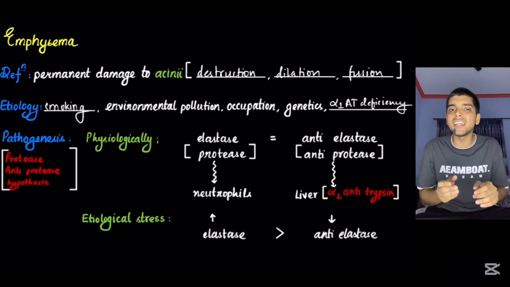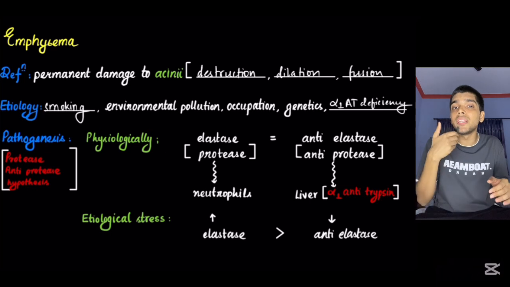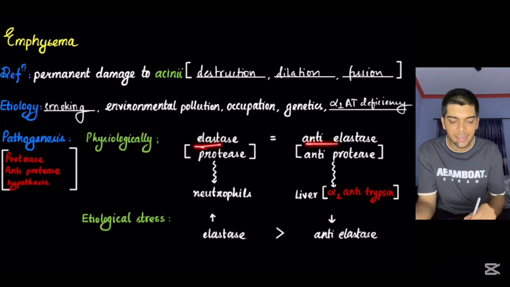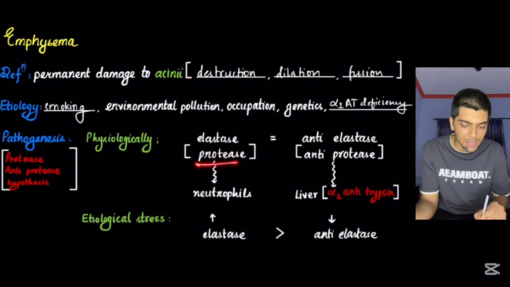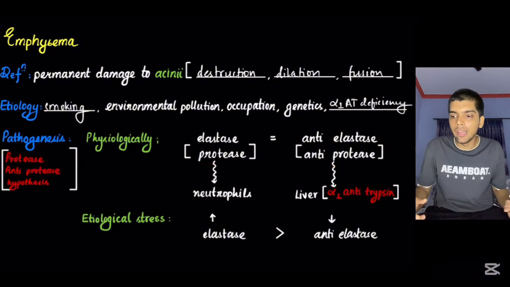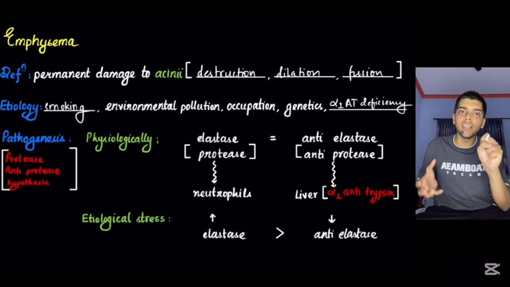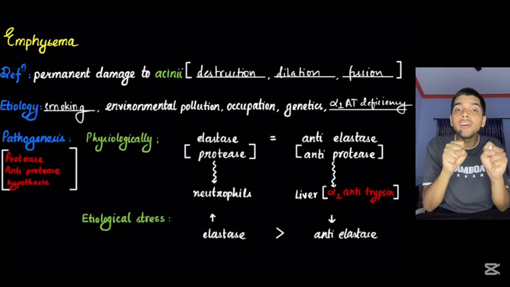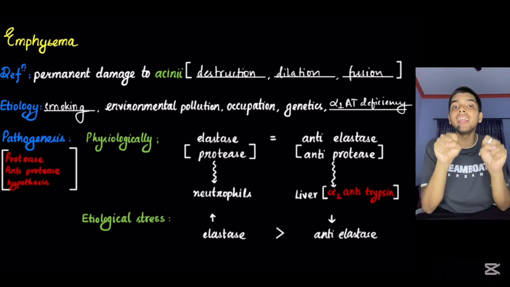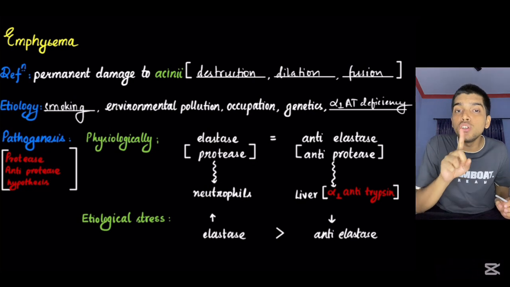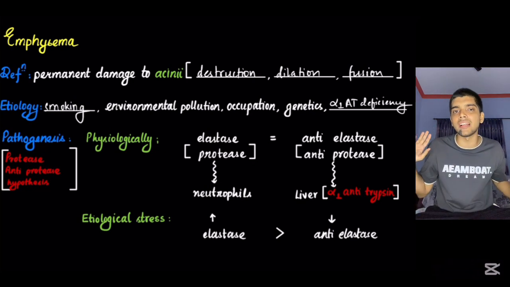Since anti-elastase is preventing the breakdown of this protein, it is anti-protease. So elastase and anti-elastase are nothing but protease and anti-protease. Physiologically, the amount of elastase and the amount of anti-elastase circulating in your blood is the same. That is why there is no excess destruction of elastic fiber.